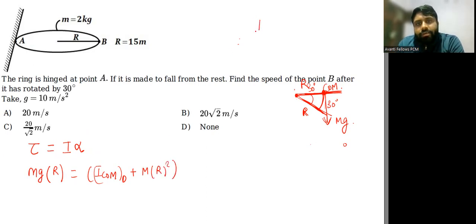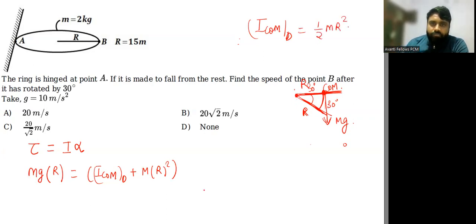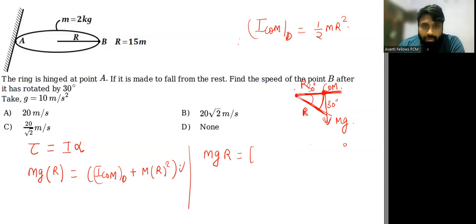So we know that the moment of inertia about the center of mass about the diametral axis is half mr square. Now we know that mg r is equal to I into alpha.